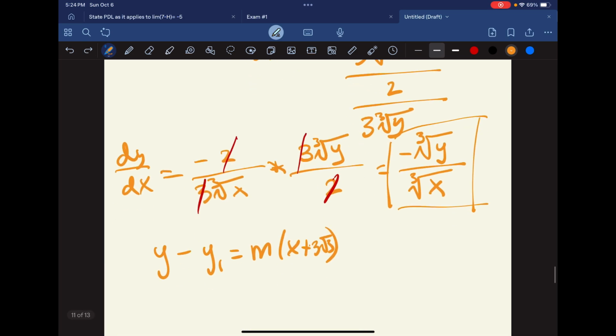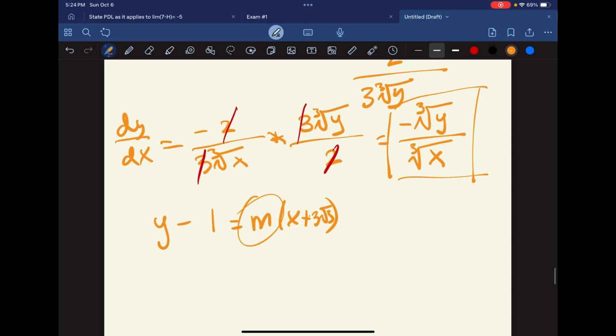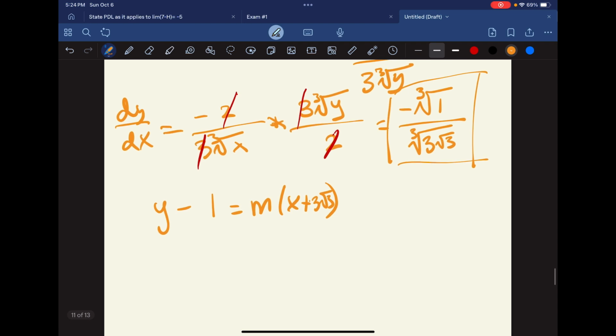So instead of y1, we would write 1. And now, this is our m, so this is our derivative. So we want to plug in where x equals 3 root 3 and y equals 1. So I would probably just write this as negative 1 because the cube root of 1 is just 1.